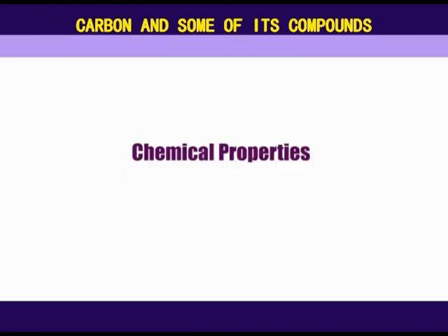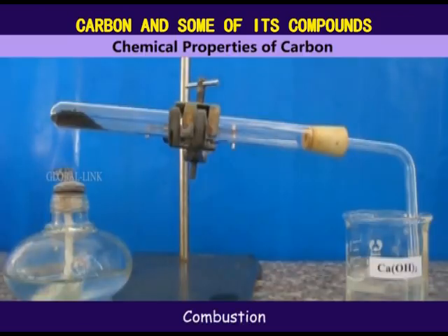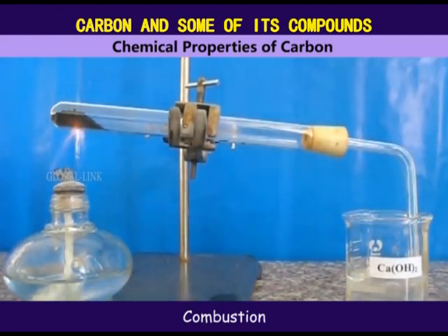Chemical properties of carbon. Combustion. When carbon is heated, it glows red. A colorless gas is produced which reacts with calcium hydroxide to form a white precipitate.